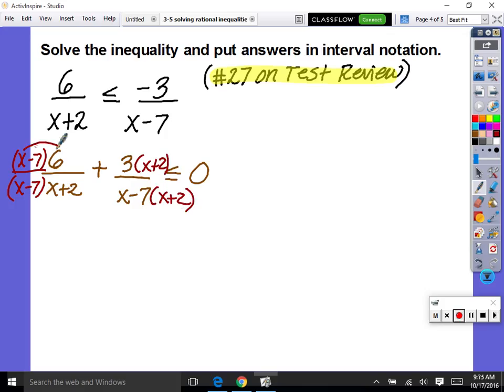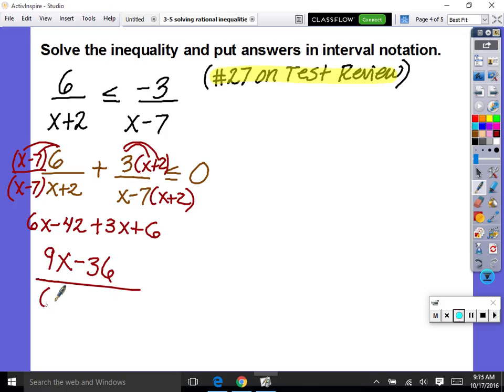So that's 6x minus 42. It's addition, so we don't have to be careful. Plus 3x plus 6. That's on top. Let's combine like terms. So 9x minus 36, right? That's on top. And on bottom, we have our common denominator, x minus 7, x plus 2.